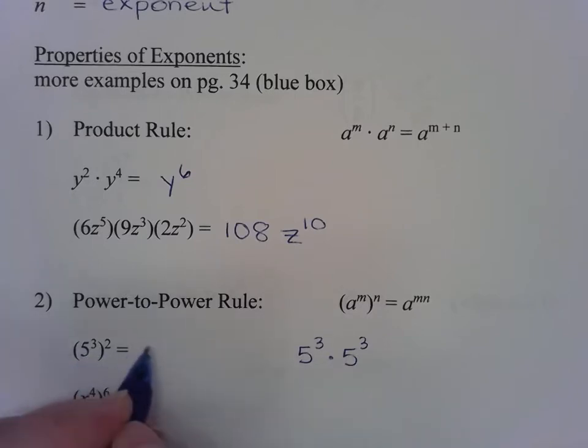I have 2 3's. That's the idea. 5 to the 6th. And because I have a 5 there, I could then work out what that was equal to if I wanted to. I'm not going to do that right now. Same thing here. I have 6 stacks of 4 x's. Right? So if I added them all up, 4 times 6 would give me 24 x's in total.